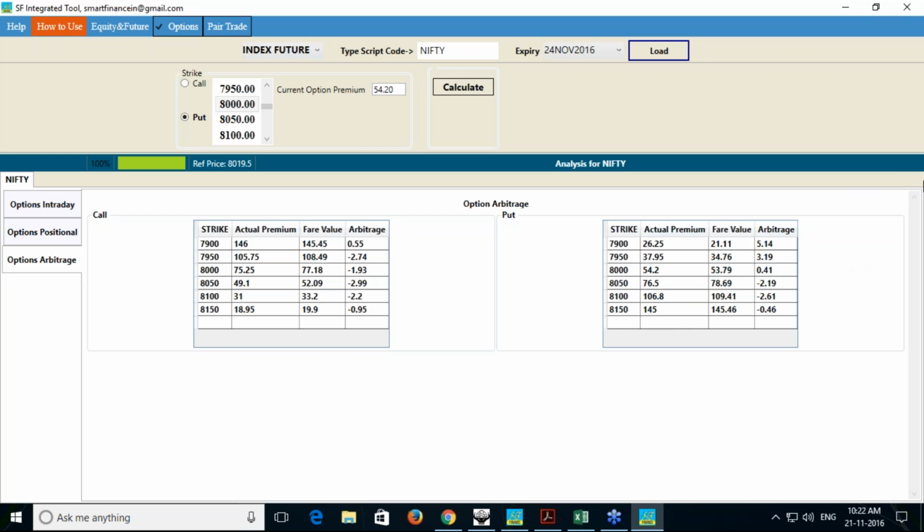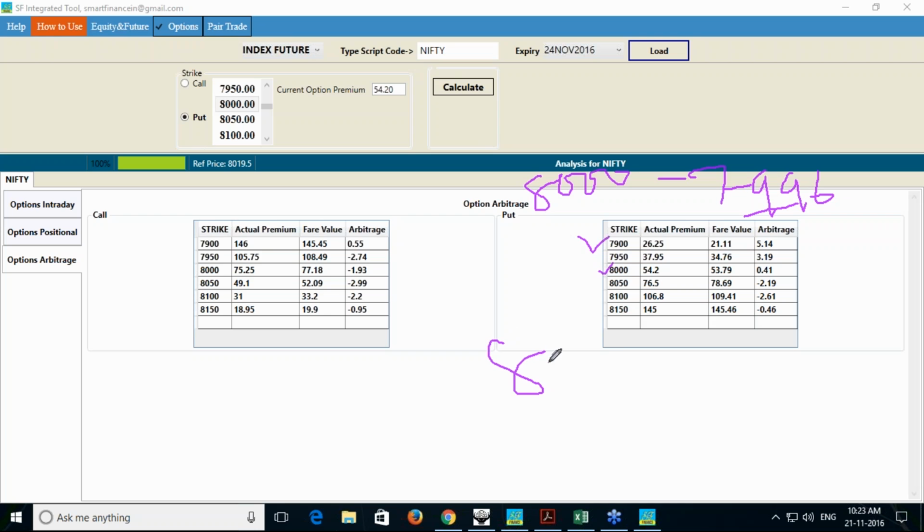Based on that, if I wish to enter a trade on the put side, say 8000, it has come to the 7996 level. My trend is 7996. I have touched this 7996 downtrend. At that particular time, the 7900 put option is 5 rupees extra and the 8000 put option is only 41 paisa extra.